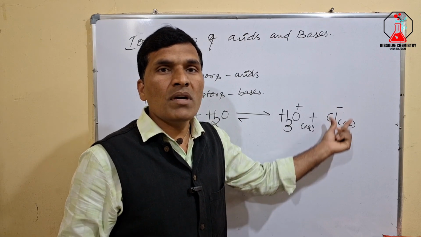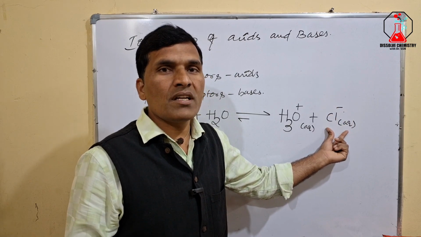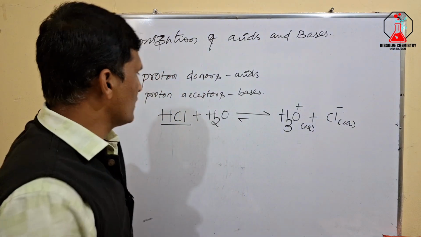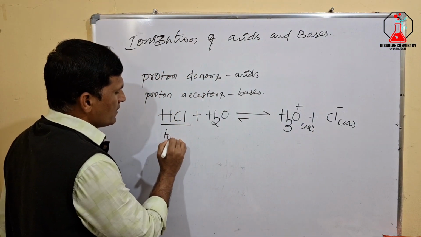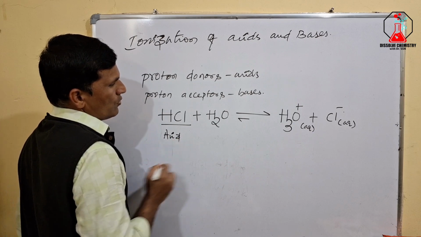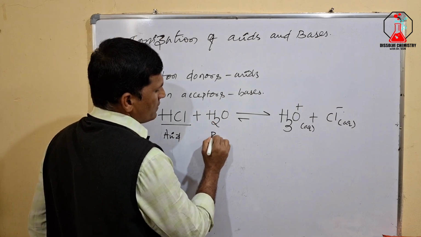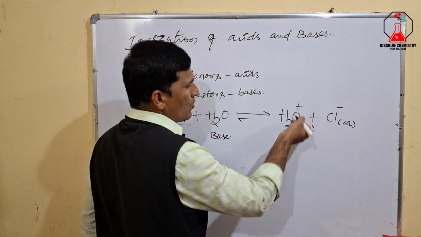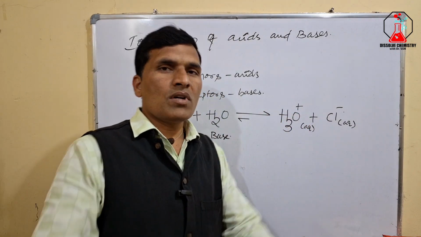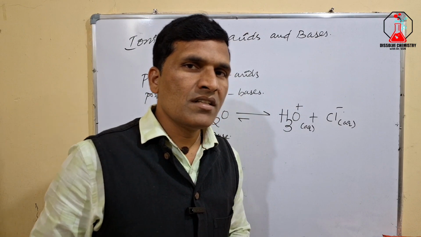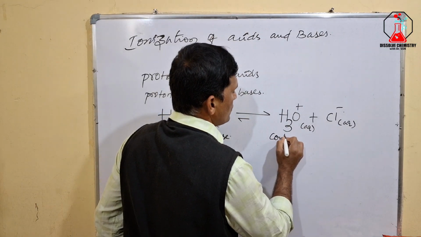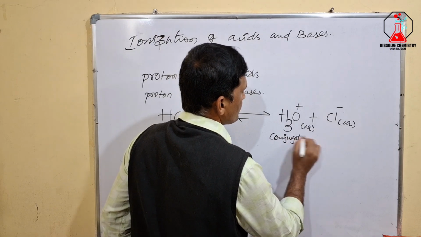How strong or weak it is also decides the strength of an acid, that we will see. See here, HCl is an acid as it is donating the proton, and water is a base as it is accepting the proton. Your hydronium ion, as it has an additional H plus, can donate, so therefore it acts as the conjugate acid.